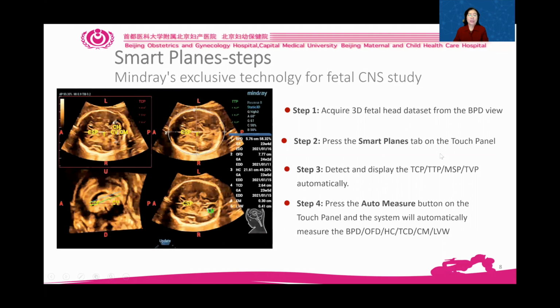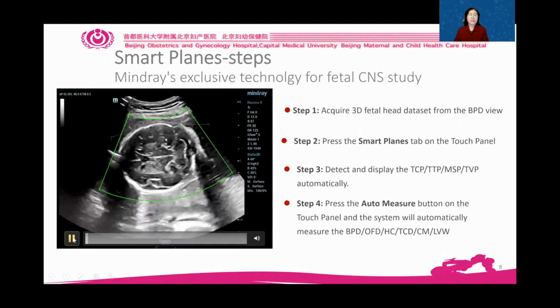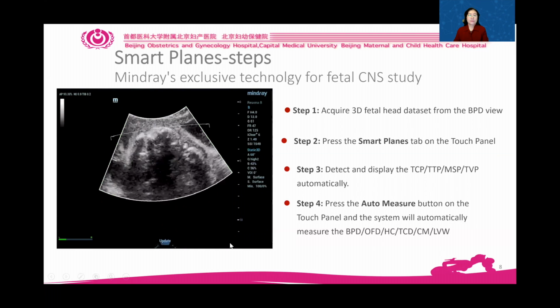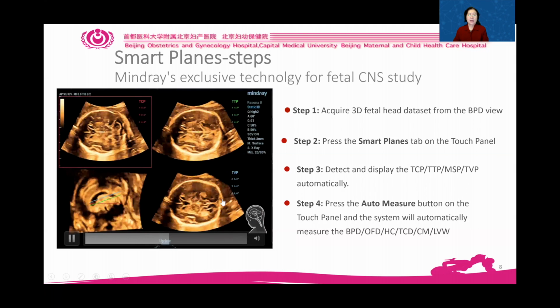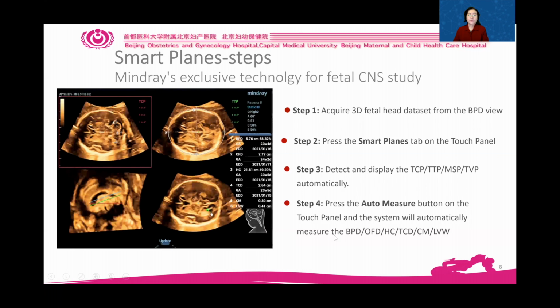So very quick, let's click again. Look at the pictures. First step is very quick to get the planes and get the measurements, automatically. Here, the 6 measurements are very quickly automatic.